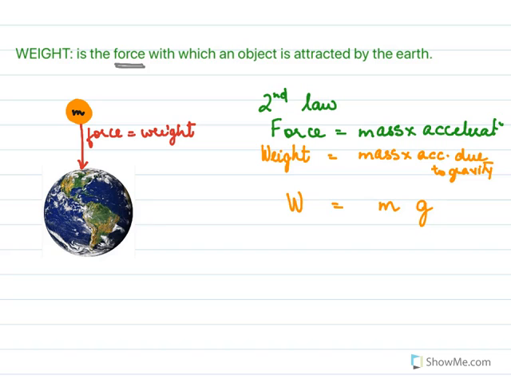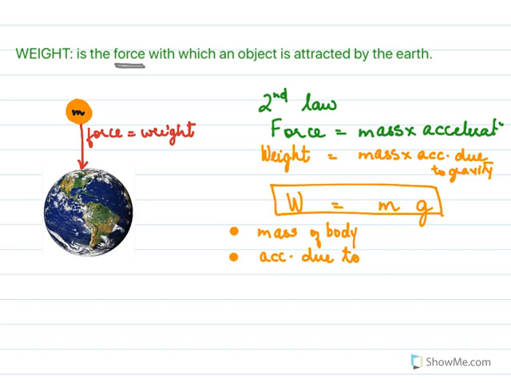Now, looking at this formula, if I were to ask you on which two factors does weight depend, you'll definitely agree and tell me that it depends on two factors: the mass of the body and the acceleration due to gravity.